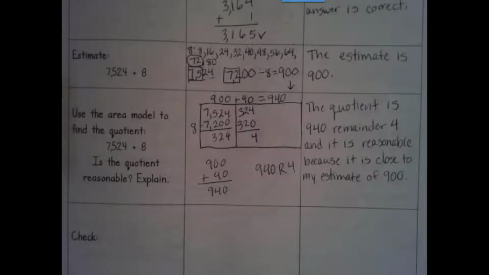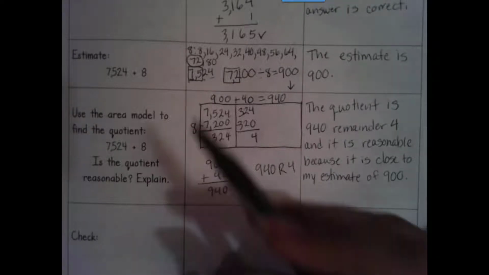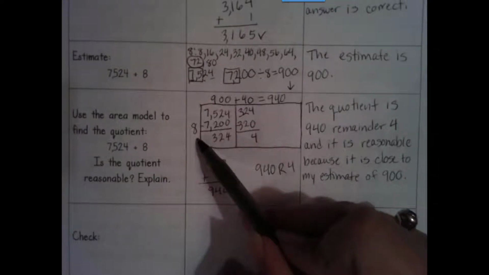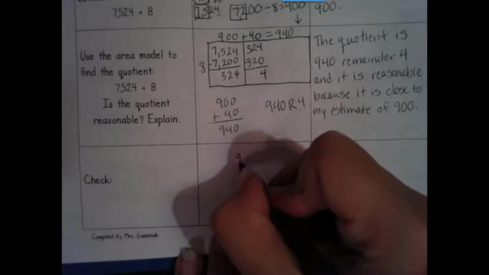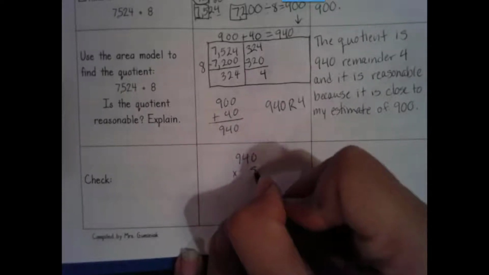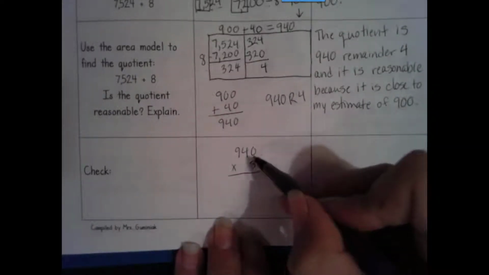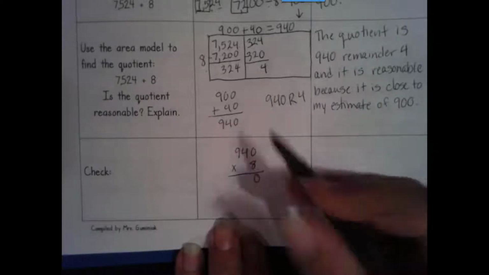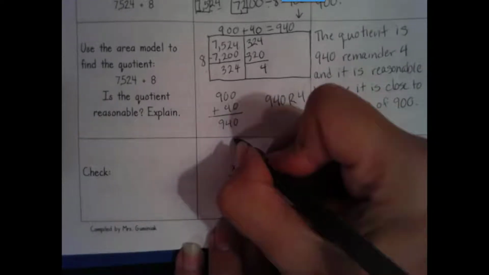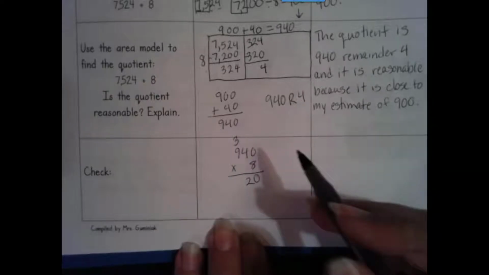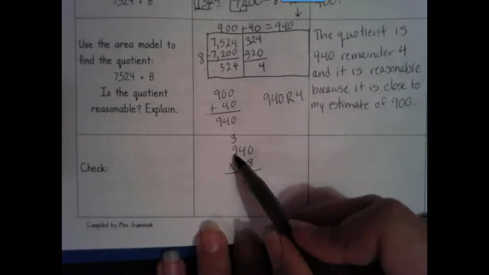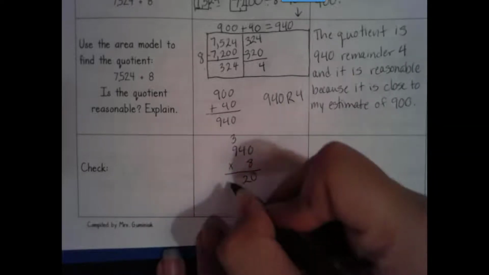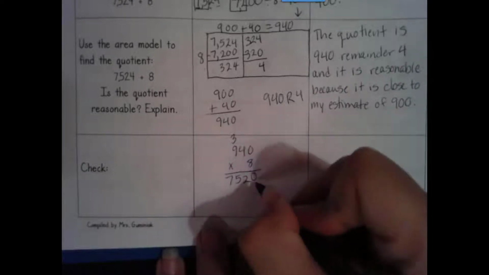Now we want to check with our inverse operation. So it's divisor times a quotient plus our remainder. So 940 times 8. 8 groups of 0 is 0. 8 groups of 4 tens is 32 tens. 8 groups of 9 hundreds is 72 hundreds, plus 3 more is 75 hundreds.